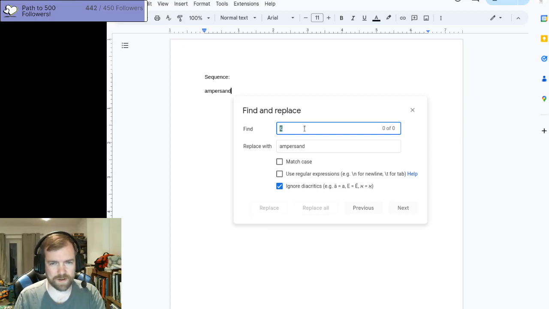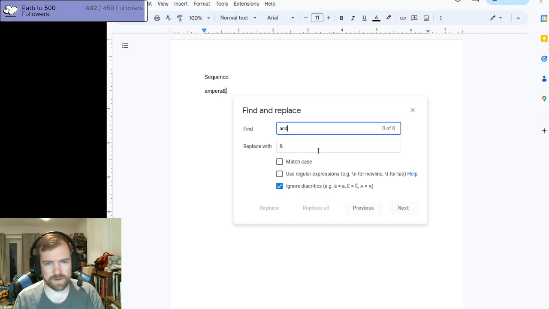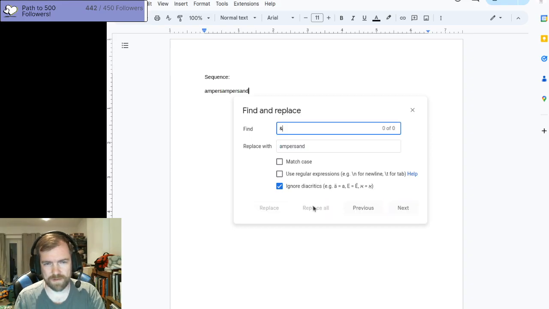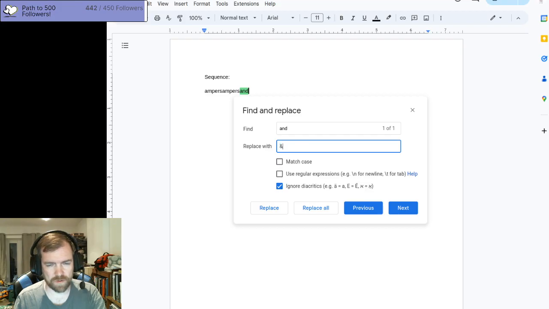Find and, replace with the ampersand. Replace all. Find ampersand. Replace with ampersand. Find and, replace with this.